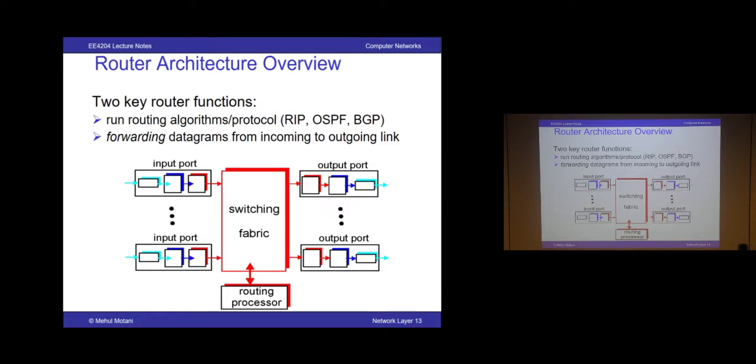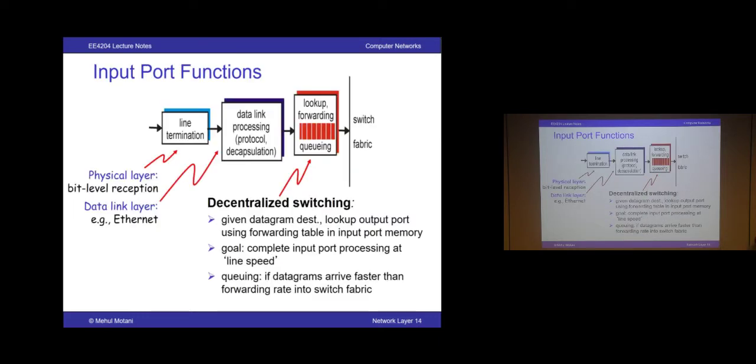So let's look at a little bit of detail at these different blocks here. Here's a detailed view of the input port. The input port essentially implements the physical layer and the link layer. So you have the line termination, whatever physical layer processing, and the data link layer processing.